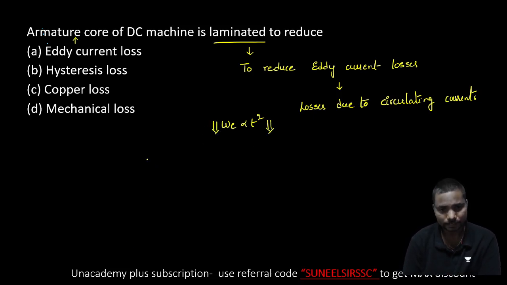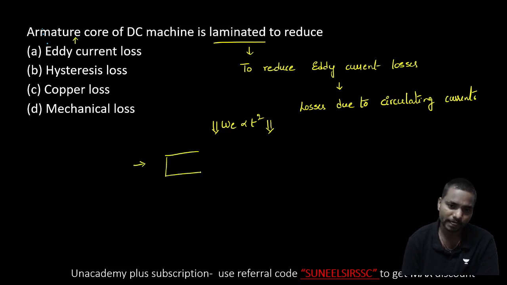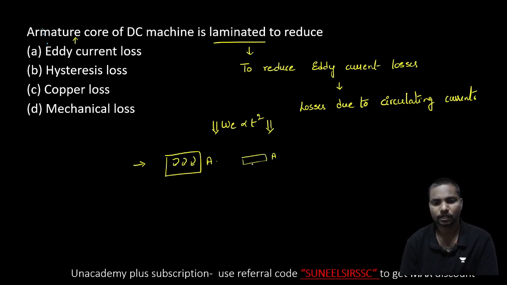For example, why are we getting these eddy current losses or circulating currents? Whenever we have a wide cross section area, for example a wide road, vehicles may circulate. If the road is very small, then vehicles may not circulate.